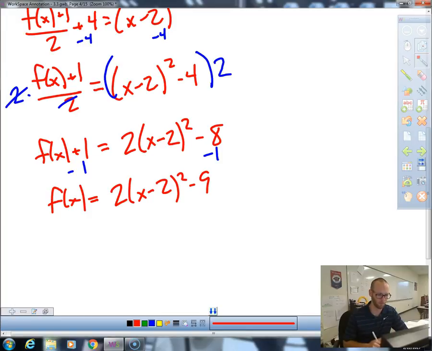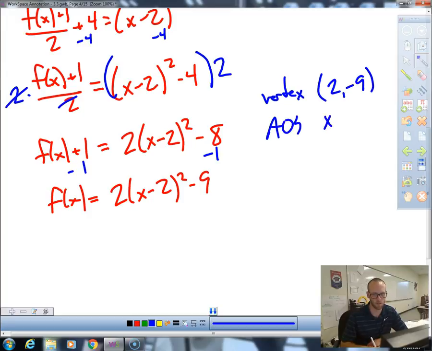There we go. Our vertex is at 2, negative 9. Our axis of symmetry is x equals 2, and this opens up. Good. Questions so far?